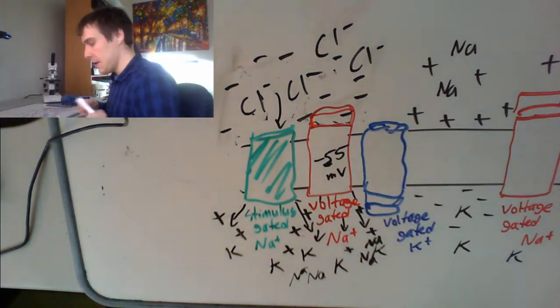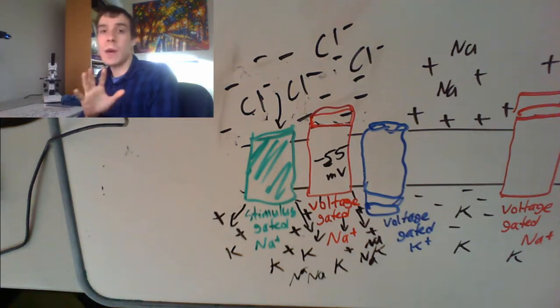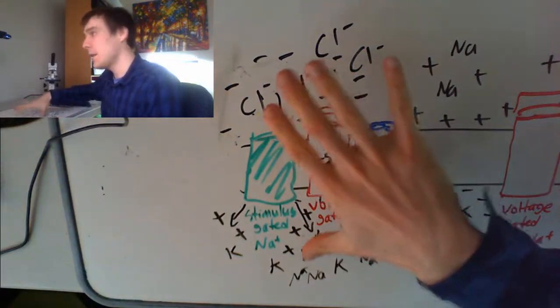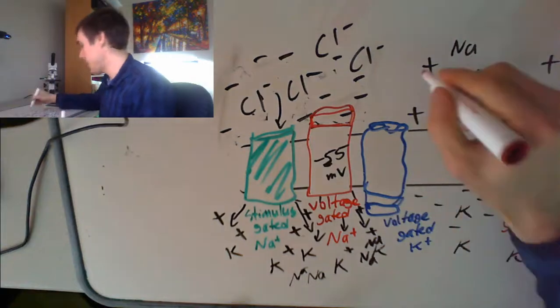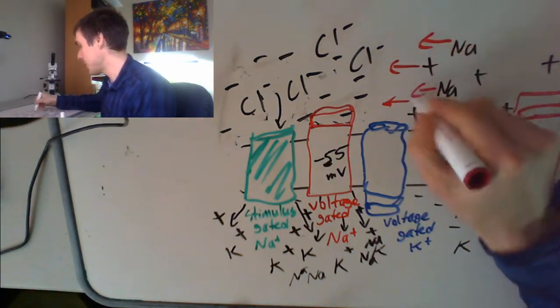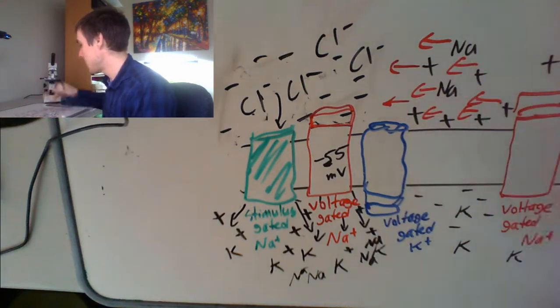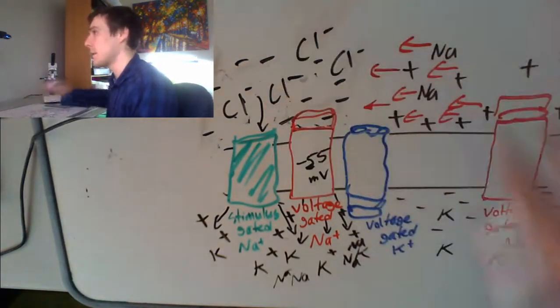And the other thing that happens, this is the really important thing, this is why the signal can propagate, is now that there's a negative over here, there is a pulling force on this side for all of these positive molecules to start running away, to start going this way, because there's negatives here and the positives here.